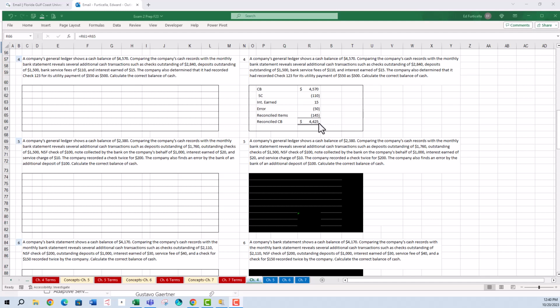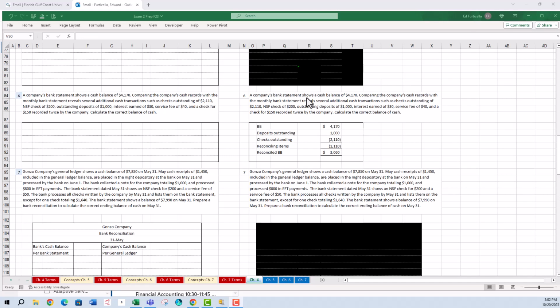Our true cash position will be recorded in the general ledger once we journalize and post the service charge of $110, the interest earned of $15, and the correcting entry for the utility payment. Our cash position will be $4,425.